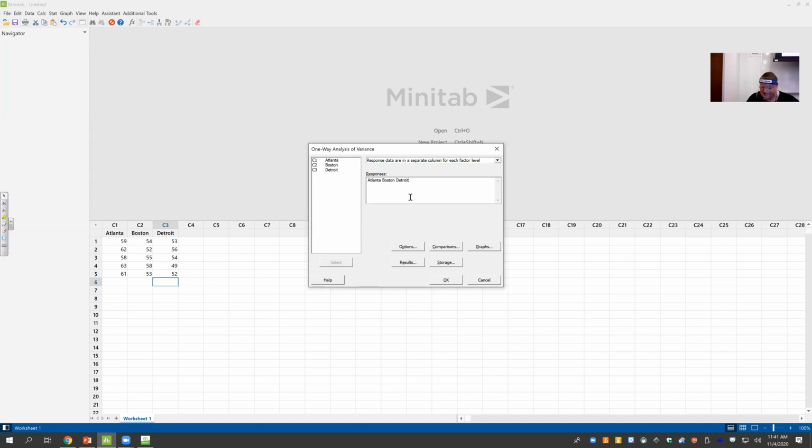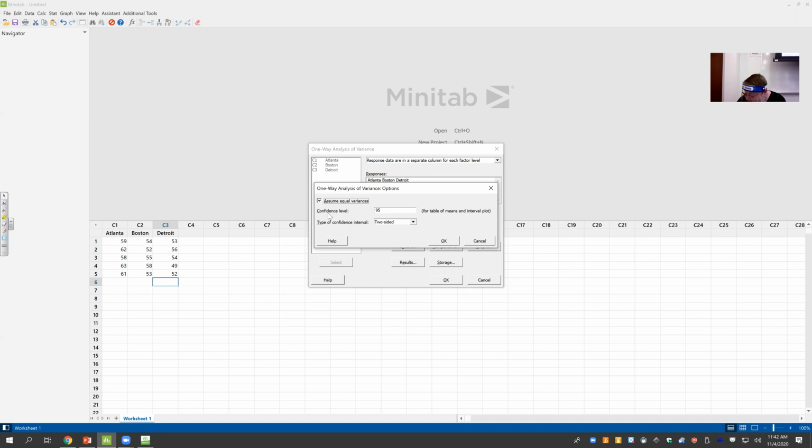Okay, so that's the next step. After you've done that, we choose all responses. Then we have to go to options. With options, you want to assume equal variances. So if that box is not checked, you want to check the box, assume equal variances.